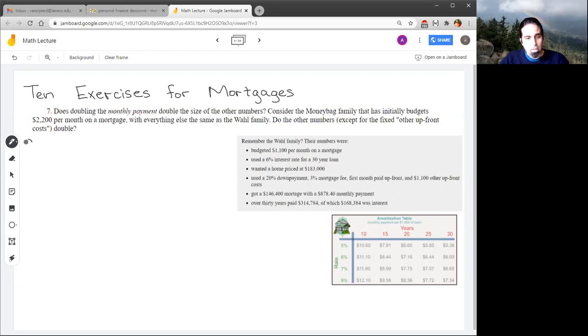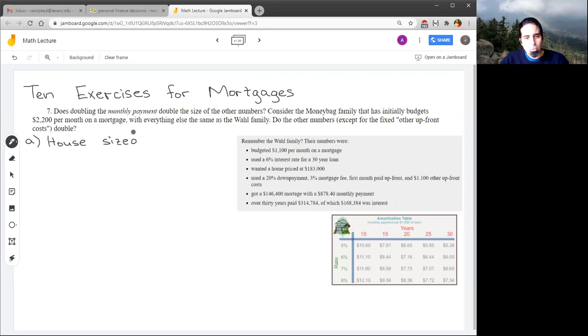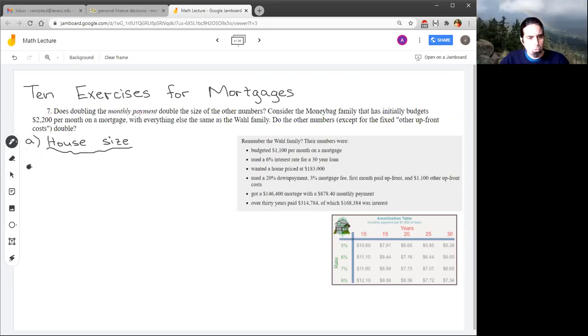Part A was, how big a house size can they have? That was a division problem using the amortization table. So we will take the 2,200, divide it by a value from the table, and get how many $1,000 of house size they have. What table values do we want?